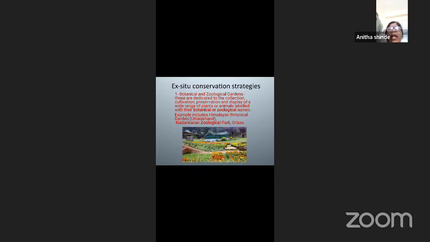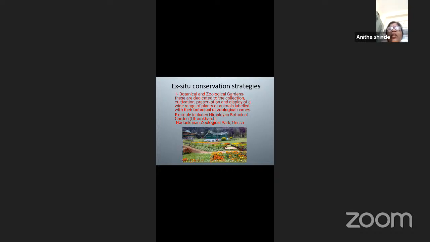Botanical garden means the collection, cultivation, preservation, and display of a number of plants, both ornamental plants, natural plants, and all those things. Whereas in zoological gardens, we talk about the animals. So here you need to collect them, cultivate them, preserve them, and display them by their names, the botanical names as well as the zoological names.